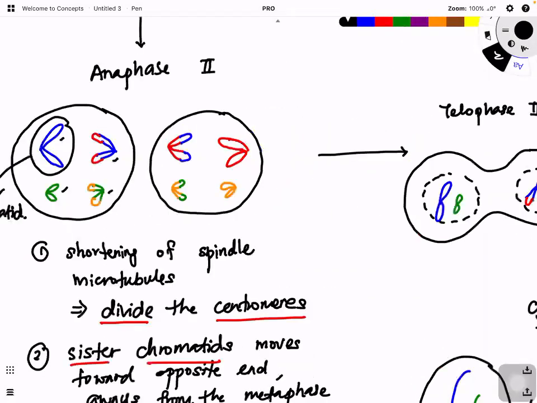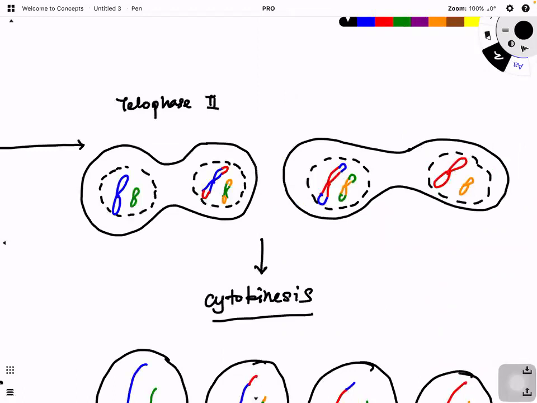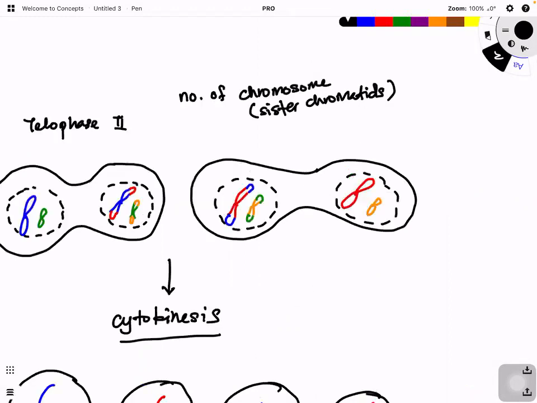Okay, for anaphase 2. How about telophase 2? Because we haven't started cytokinesis yet, it's the same thing: the number of chromosomes, which they actually refer to as sister chromatids, is also equal to 4. Number of DNA per cell is also equal to 4.